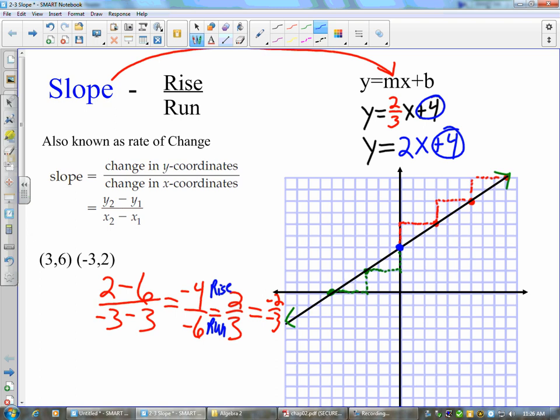But what happens is you treat this like a fraction, because any whole number can be turned into a fraction by putting it over 1. So now it's a rise 2, run 1. From this point, you're going to rise 2, run 1. There's a point. Rise 2, run 1. And that will give you enough idea to make your line.